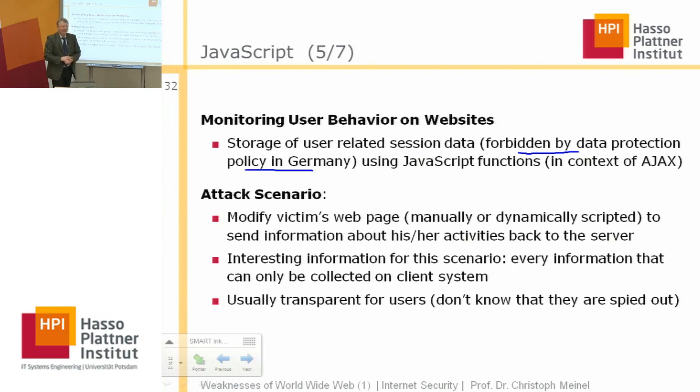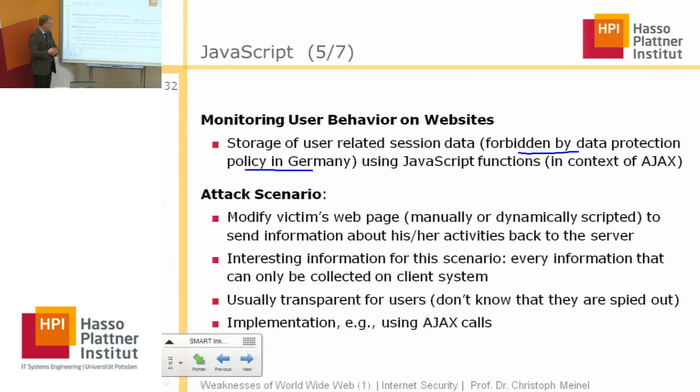Usually, the user has no idea and does not see what's happening, and so he cannot become aware that he or she is being spied on. The implementation of this attack is done by using Ajax calls.